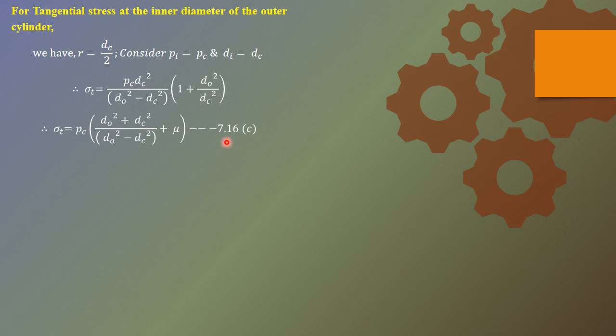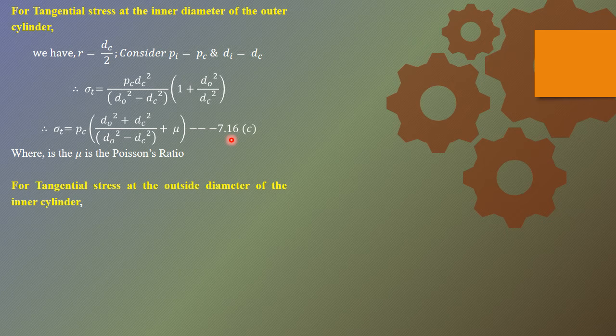This is the equation for tangential stress at the inner diameter of the outer cylinder, which you can get from equation 7.16c in the data handbook, right? After that, we completed the outer cylinder.